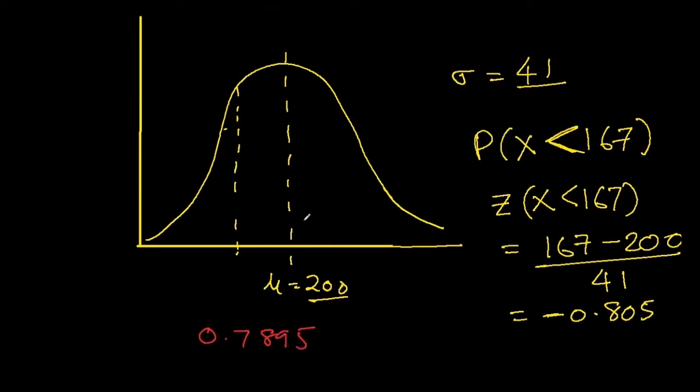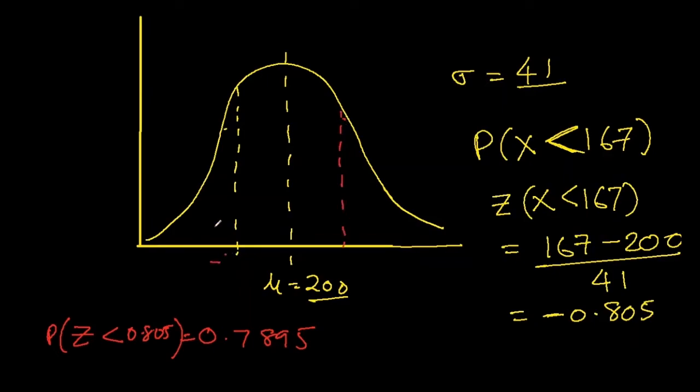And now if we go back to our question, 0.7895 is for a positive. Let's say probability z is less than positive 0.805. So how is that going to help? Let's see. Positive 0.805 will be equally distant from the mean.